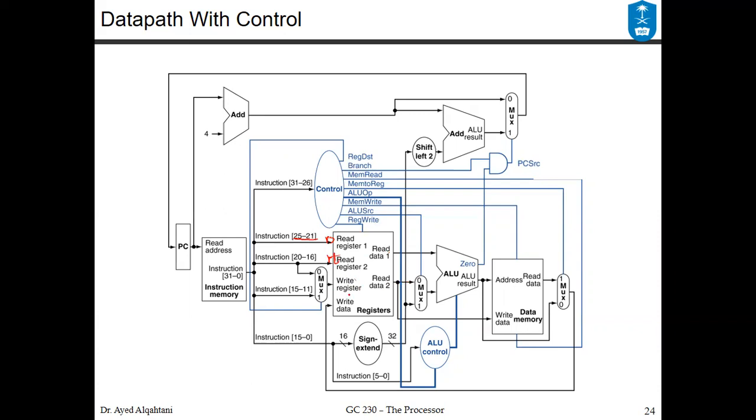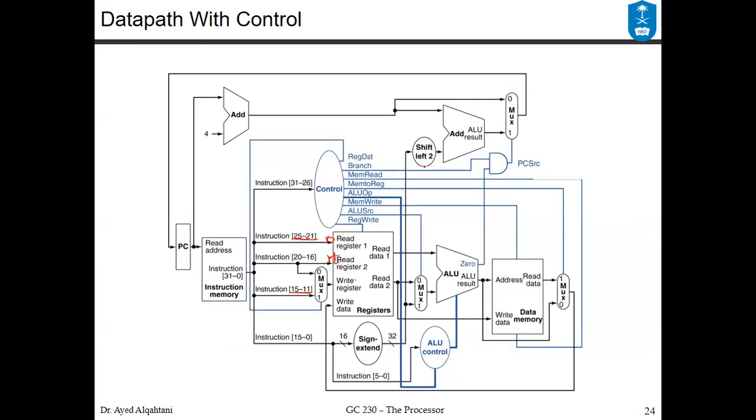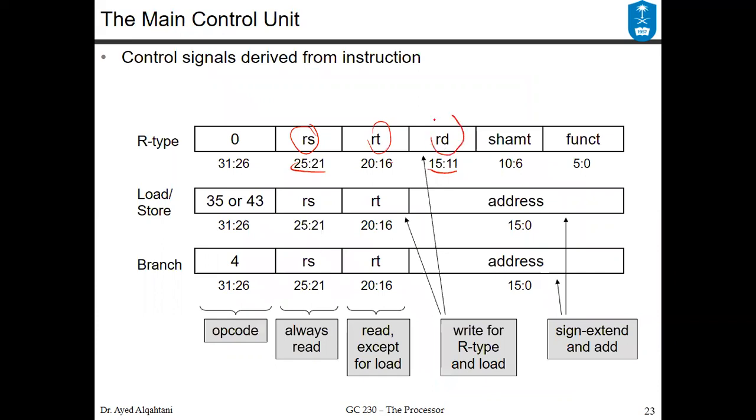Now, for the register write, sometimes it's the RD, which is from 11 to 15. Sometimes it's the RT. We said that it's going to be the RD if it is an R-type instruction, and it's going to be a destination register if your instruction is load.